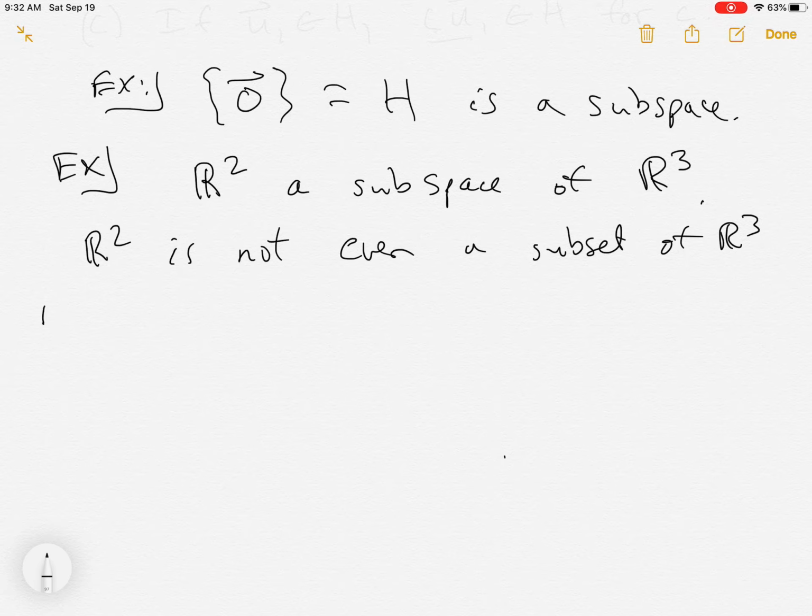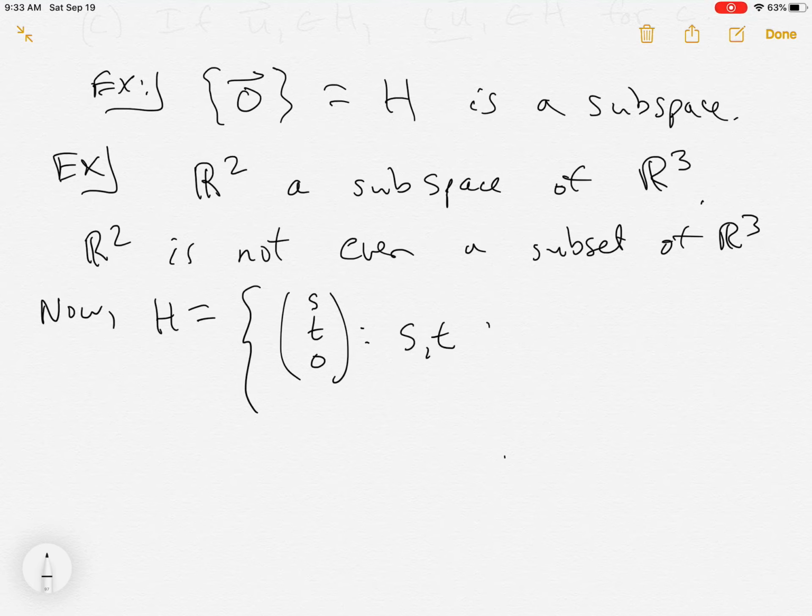Now, here's where it gets fun. If you consider the set H which is generated by this one vector, right? So you take S and T, which are all the numbers in R, and you identify this.